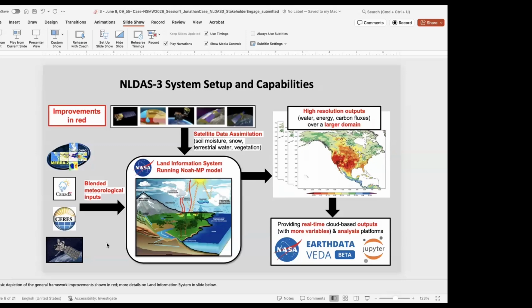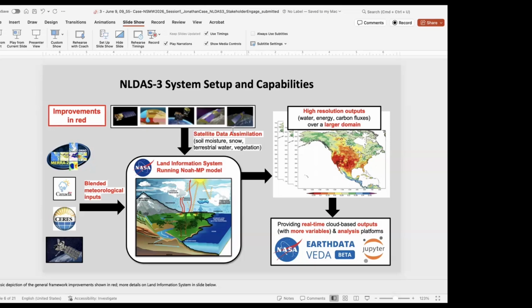So at the crux of NLDAS-3 is the NASA Land Information System, and we have been developing blended meteorological gridded outputs at 1 kilometer resolution over all of North America, at hourly cadence over the entire period of record.